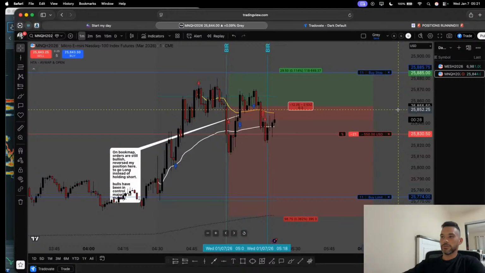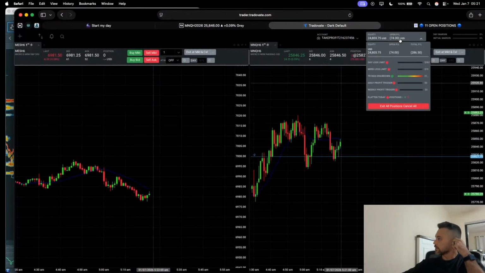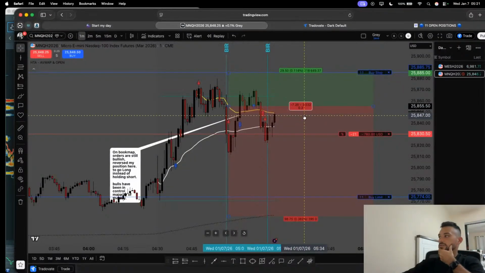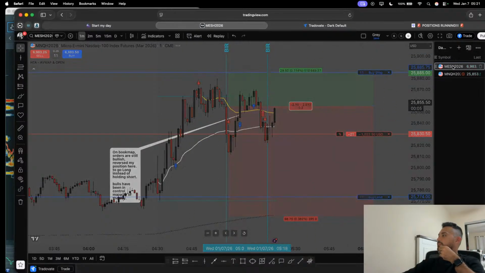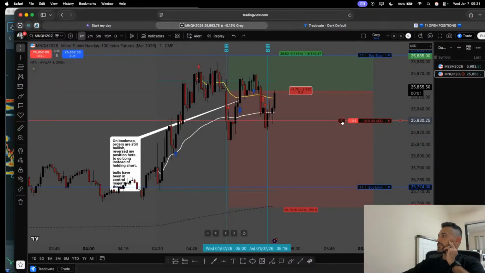What does it want to do? I don't like what I'm seeing on this. It is creating a higher low, but then you have MES might be going back into range.